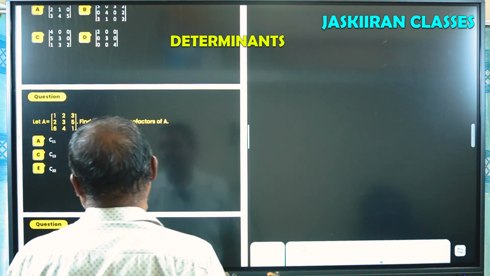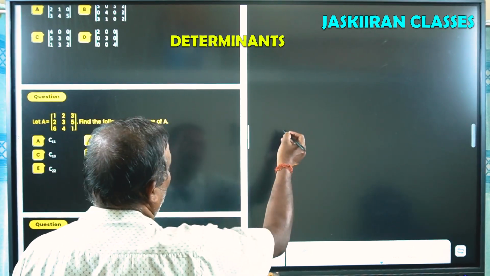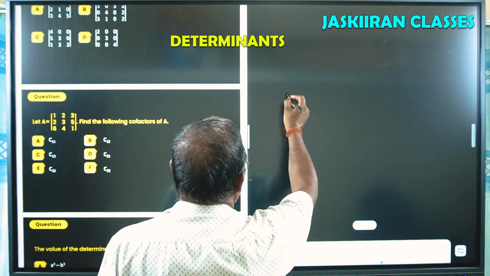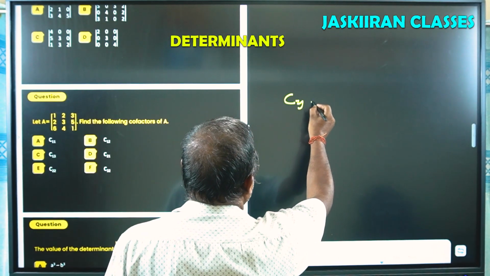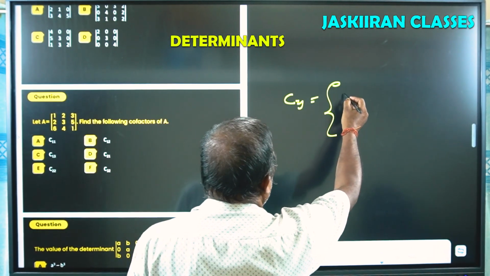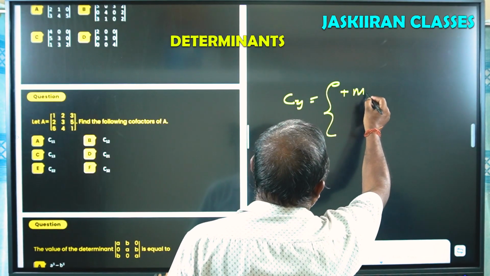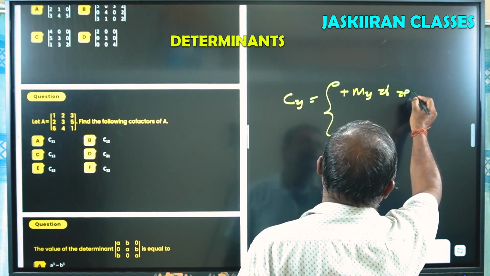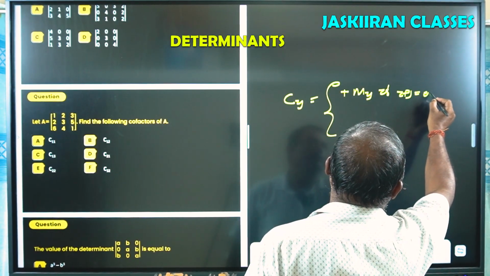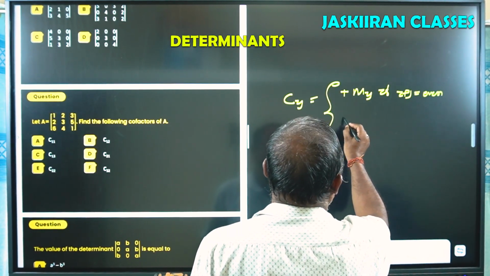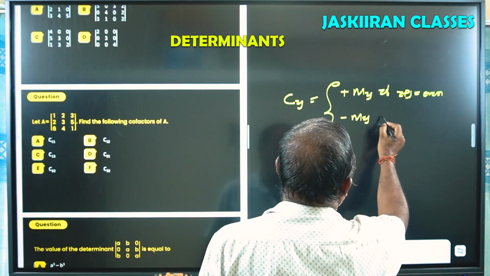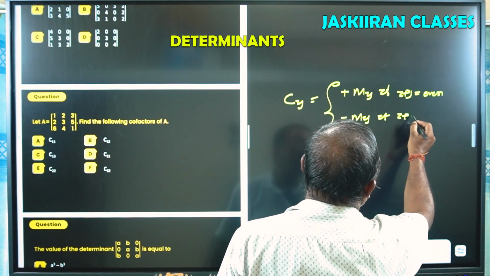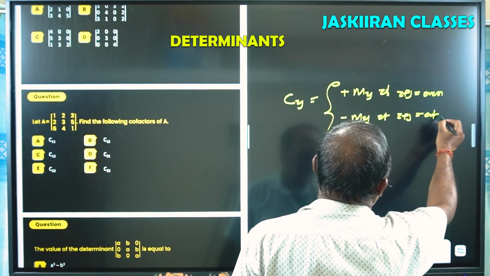So let us start with how to find C11. The formula for the cofactor is Cij equals (-1) to the power i plus j times Mij, where Mij is the minor.